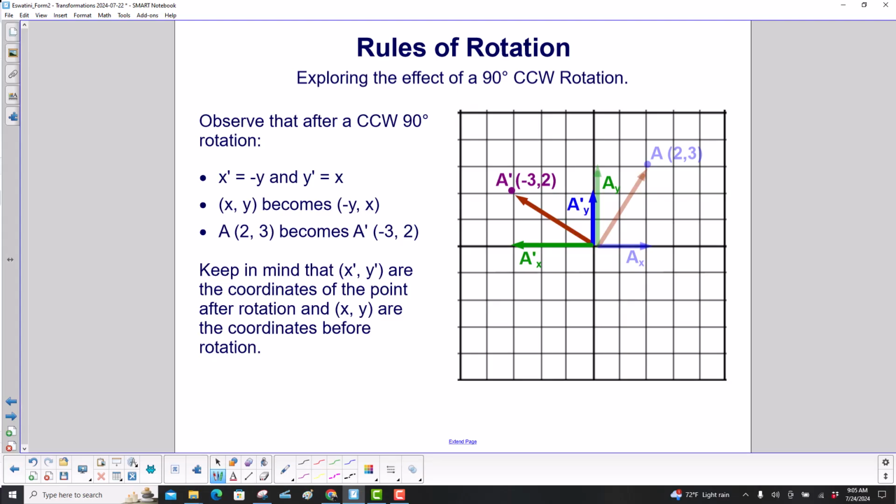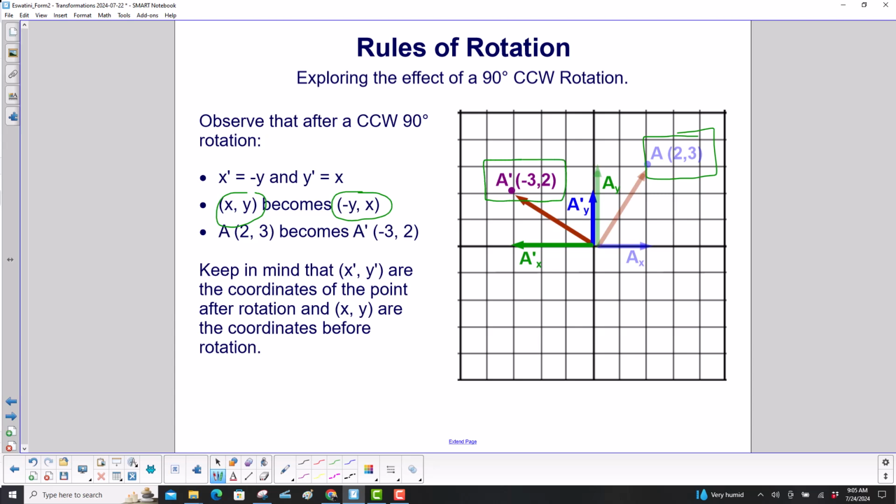Observe that after a counterclockwise 90-degree rotation, x prime now equals negative y, and y prime equals x. So our original coordinates (x, y) become (negative y, x). So A, which was at (2, 3), becomes A prime at (-3, 2).